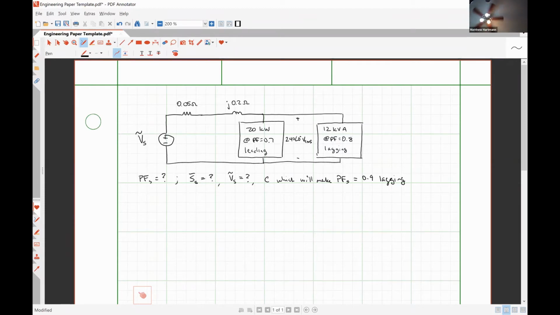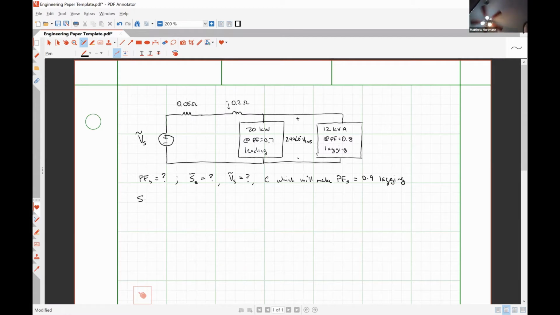All right, so the first thing that we are going to do here is find the complex power absorbed by our loads. So load 1 is the load which I'm saying is drawing a power of 20 kilowatts at a power factor of 0.7 leading.